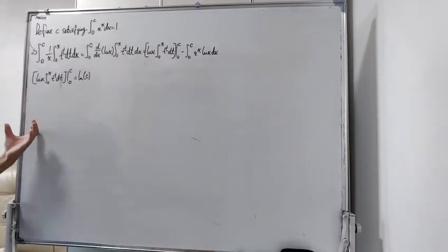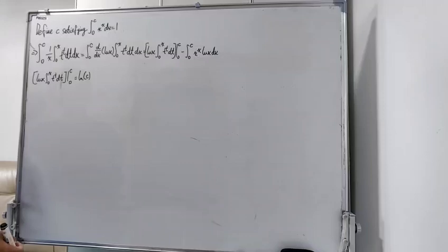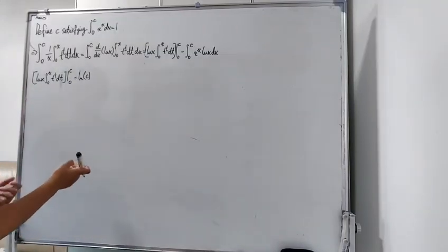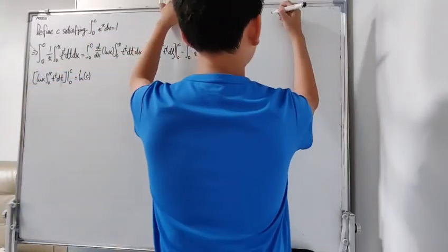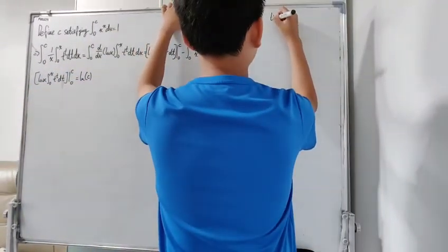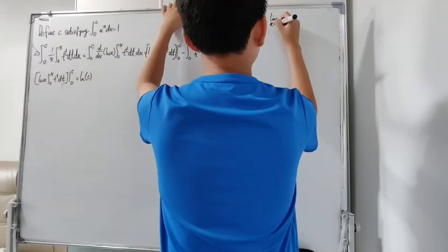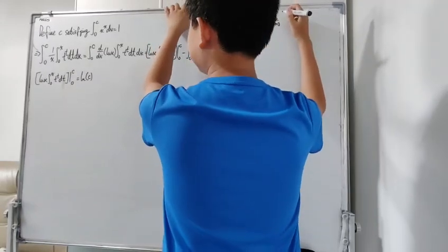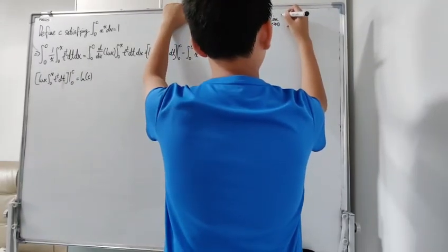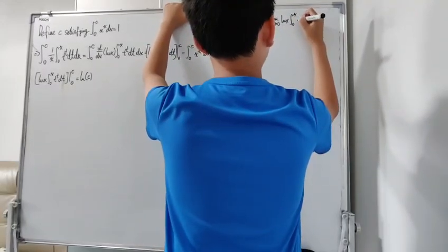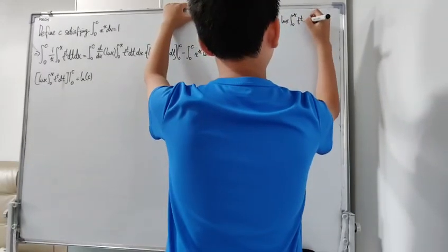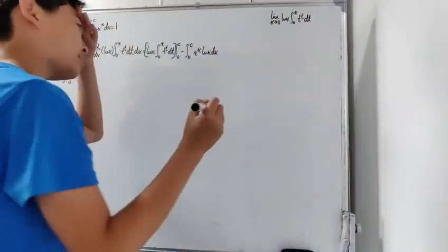Now, you might recognize this as a 0 times infinity sort of thing, and we're going to just solve that here. We have the limit as x approaches 0 of natural log of x times integral from 0 to x of t to the t dt.